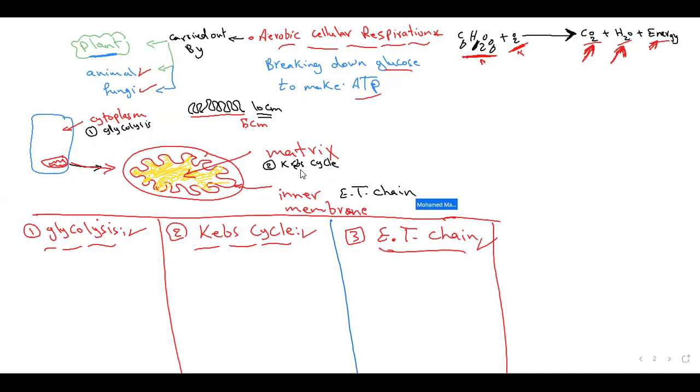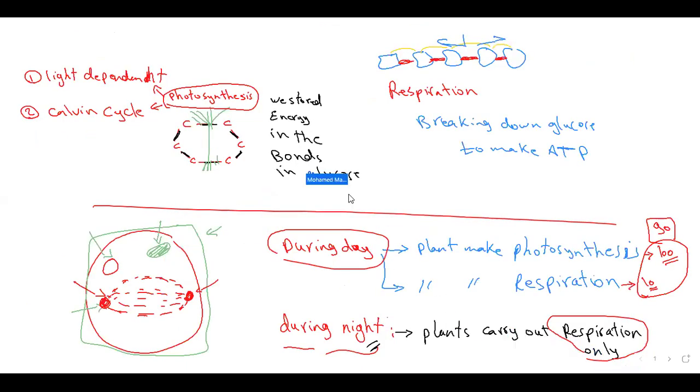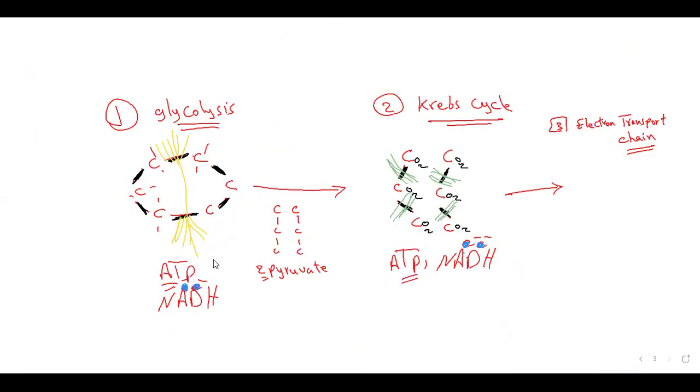And the three steps, how does the energy go out? The energy is made as you see. Whenever we break a bond, we make ATP, right? And the last thing, we have electrons.